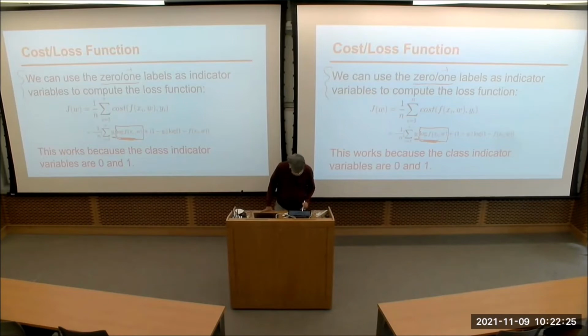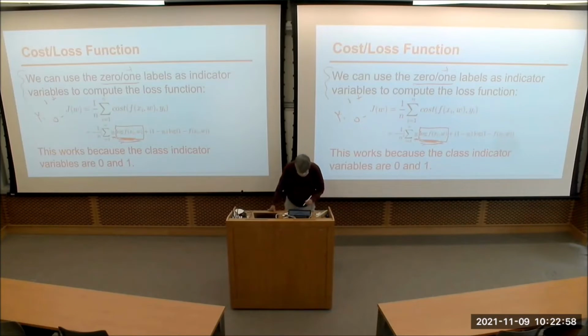If y of i is the label of the item, y of i is either 1 or 0, depending upon whether it's positive or negative. If we say y of i times the punishment for a positive example, this does exactly right. It's 1 times the error for the positive thing.